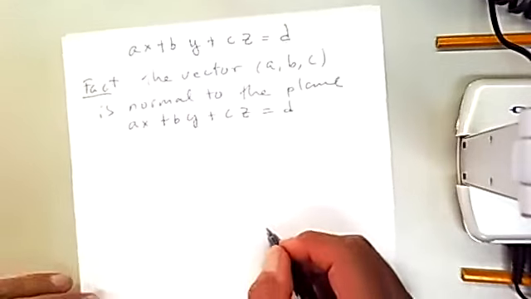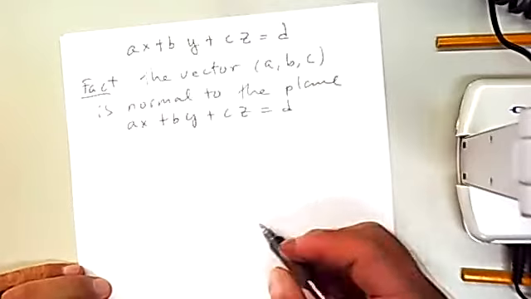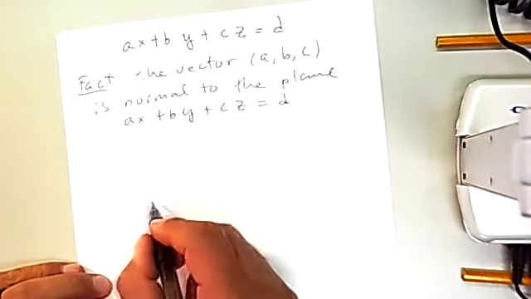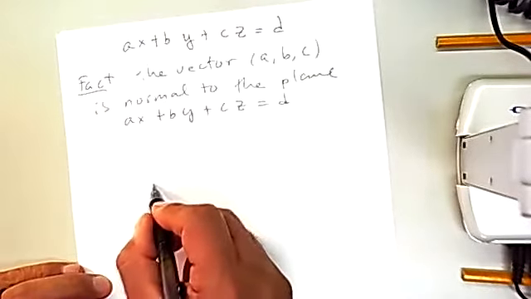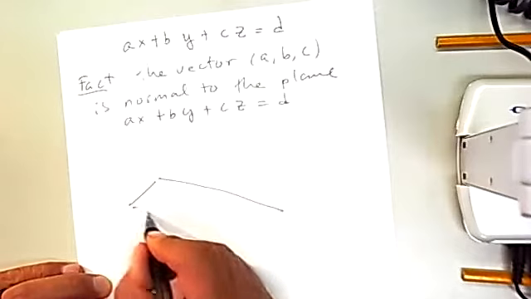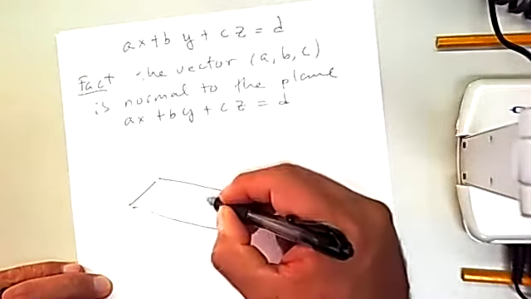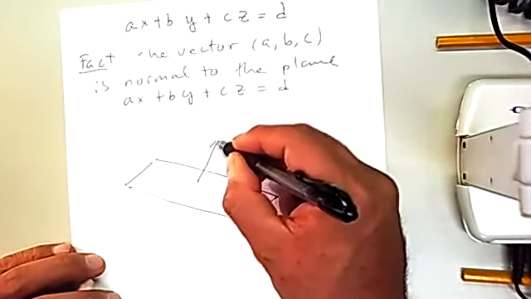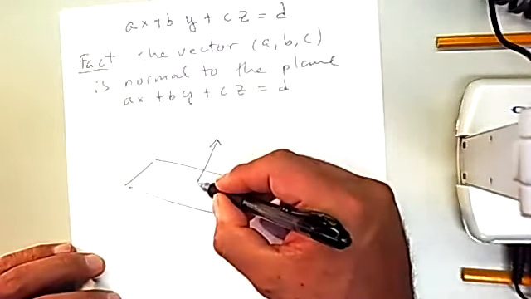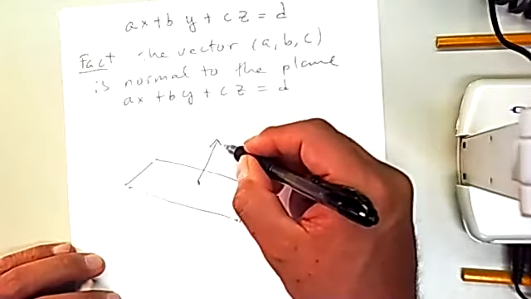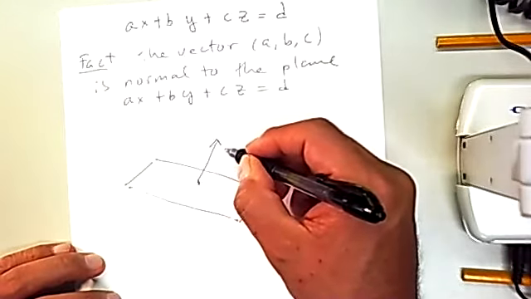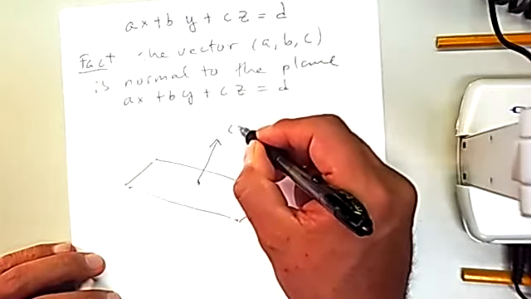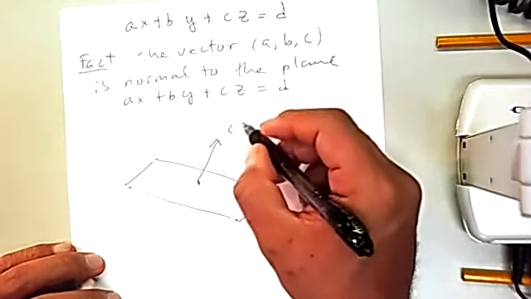Let's take the time to prove this very quickly. So if you have any plane, it doesn't have to be horizontal. Sometimes I tend to draw horizontal planes only, so I have to think about that when I'm drawing planes. Practice drawing things, by the way. So here's the vector ABC. Well, we don't know that it is necessarily perpendicular.